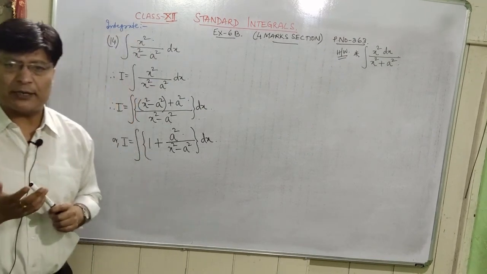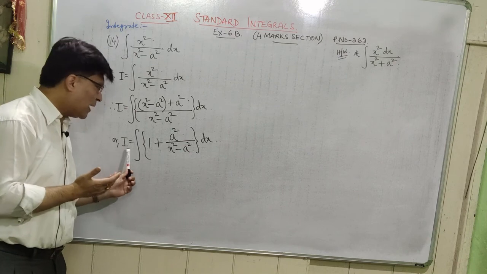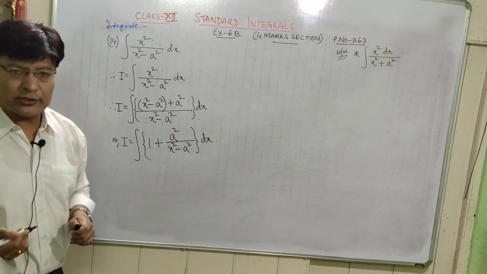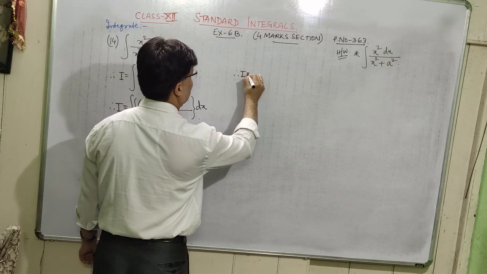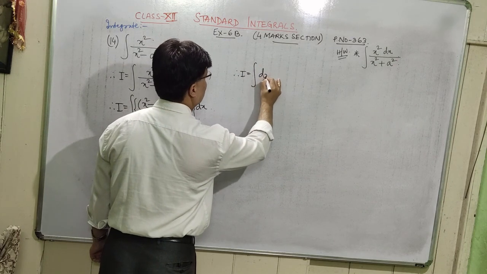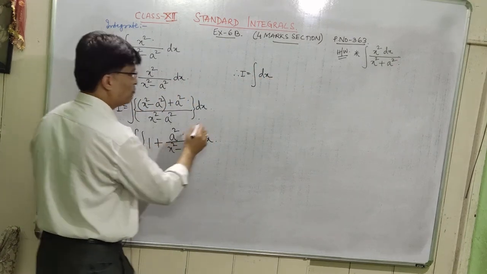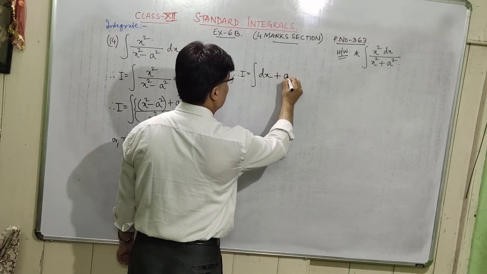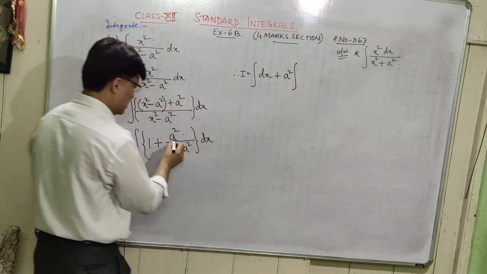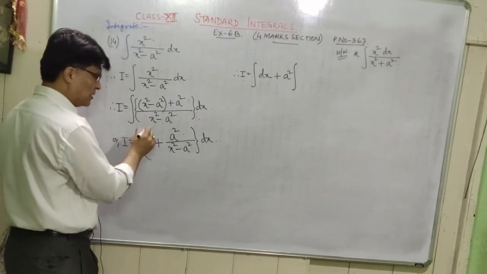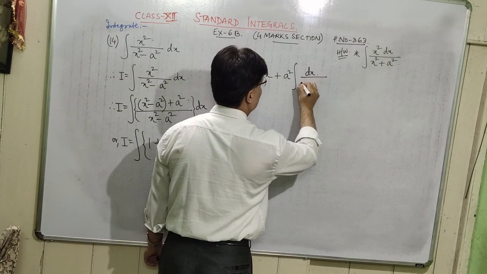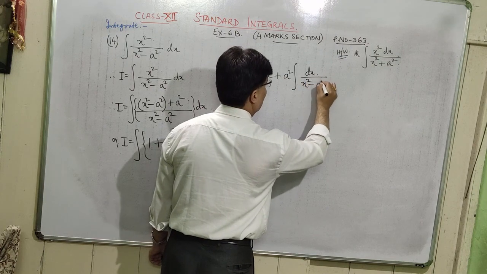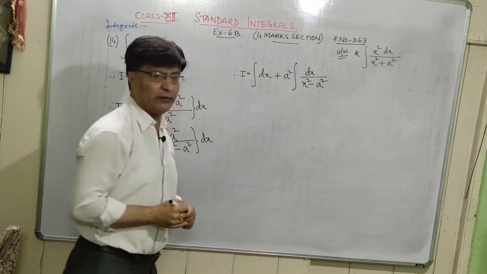The fraction is separated. Now you can separate the integral sign and dx also. Therefore I is equal to the integration of dx, plus here a square is constant, taken outside, the integral of dx divided by x square minus a square.